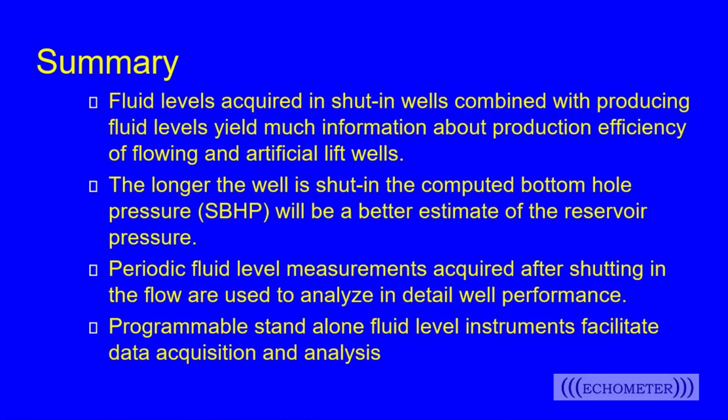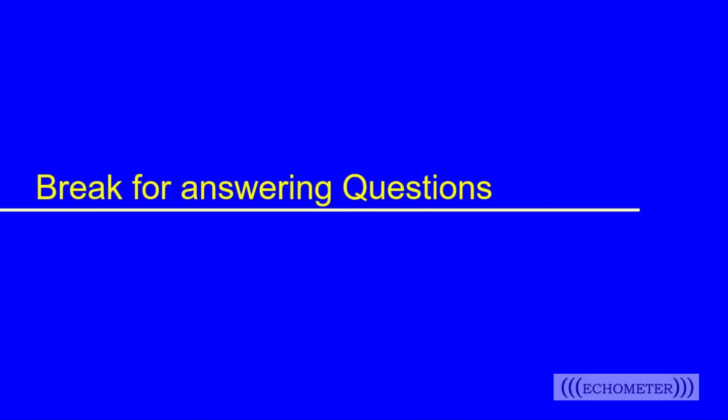So we'll have other ways of coming up with an accurate reservoir pressure that we're going to talk about in the future. But that summarizes what we wanted to present to you today.